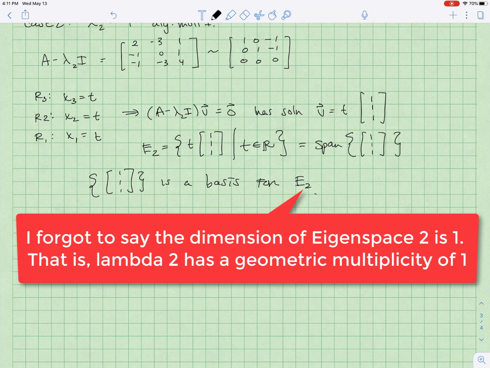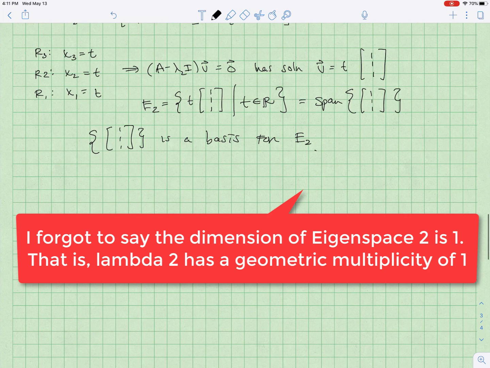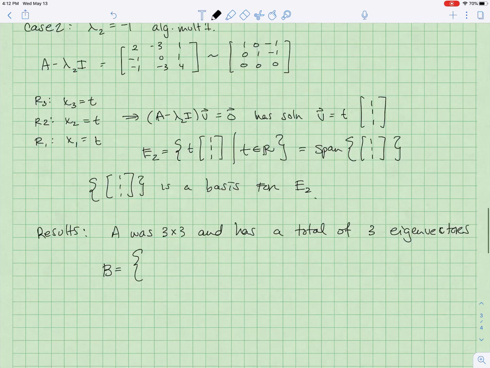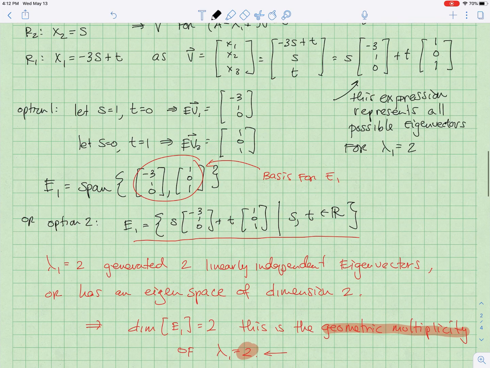Okay, so what does this mean for us? Well, first of all, results. A was 3 by 3 and has a total of 3 eigenvectors. And those eigenvectors are the collection B equal to, let's see, what were they up here?